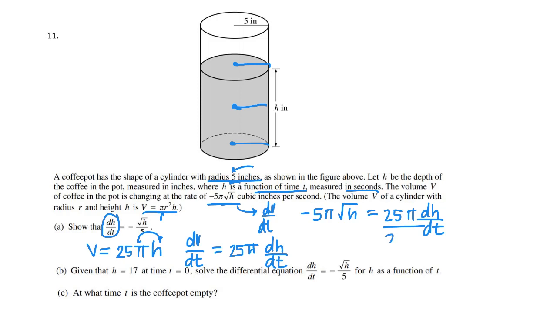We need to divide both sides by 25 pi, and notice, all of this stuff is going to very nicely cancel. So I am left with negative square root of h over 5 equals dh/dt. So there we've shown it.